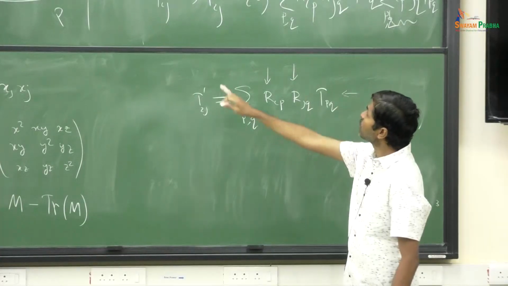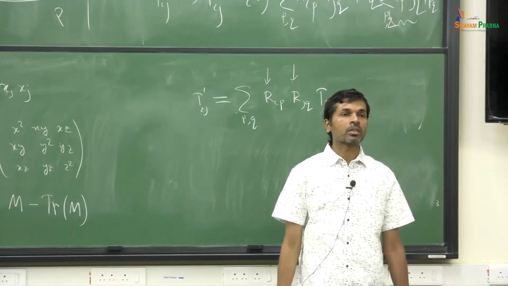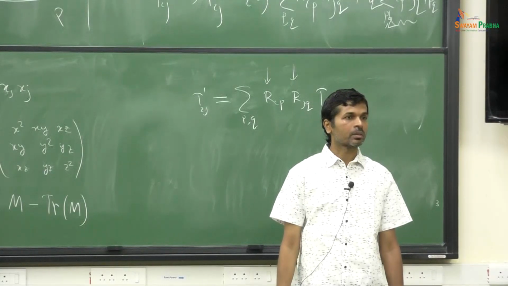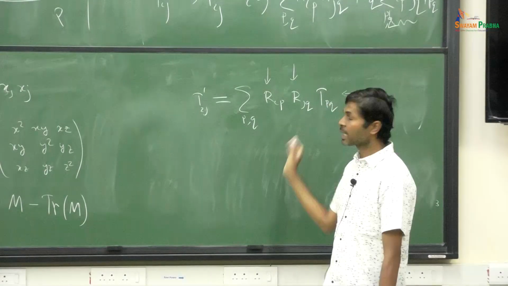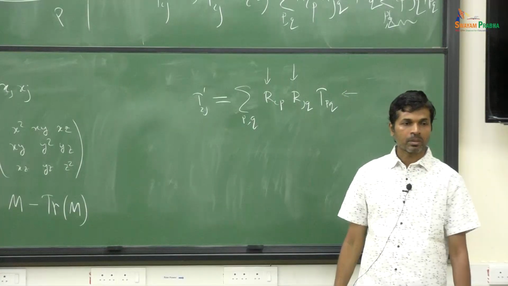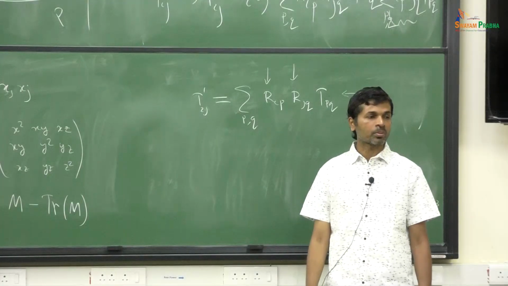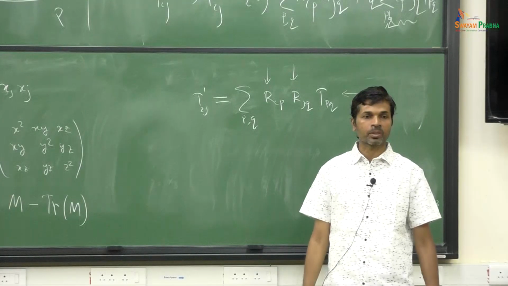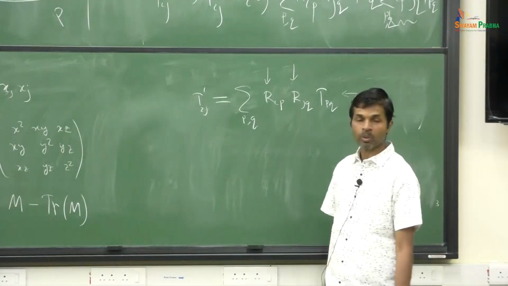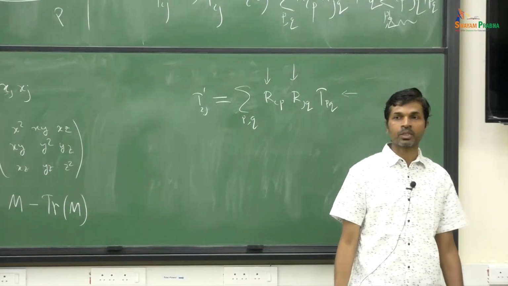So far I am focusing only on rotations, orthogonal transformations. But you can have more general transformations that we will discuss after the break. We can have transformations which are not orthogonal, that are more general. They have more interesting properties, and you can define tensors under such transformations.